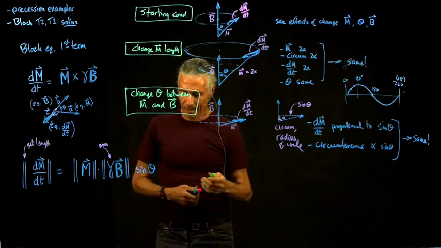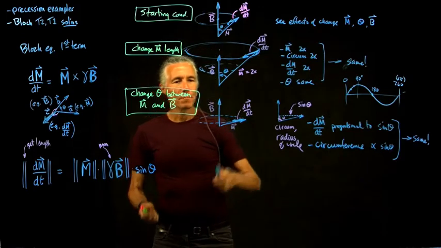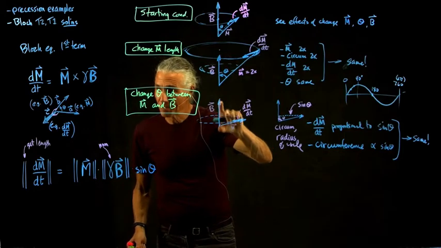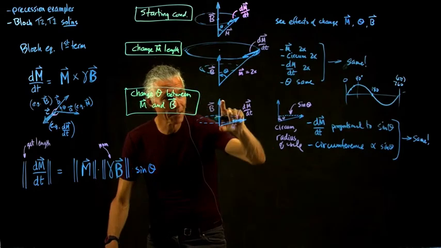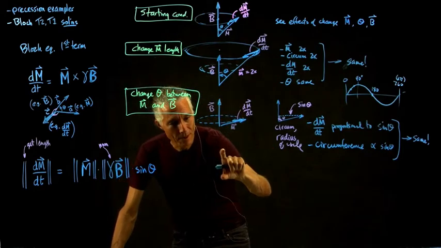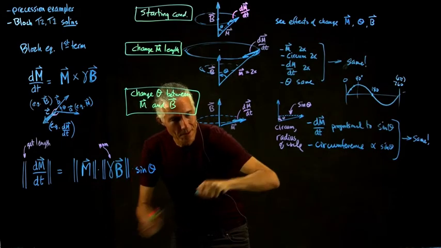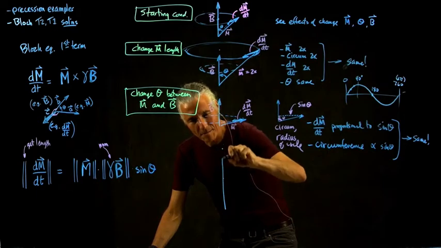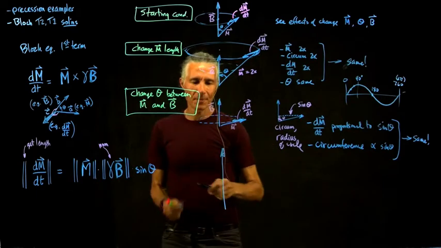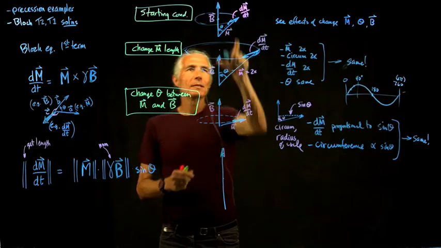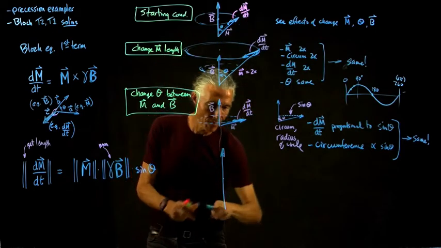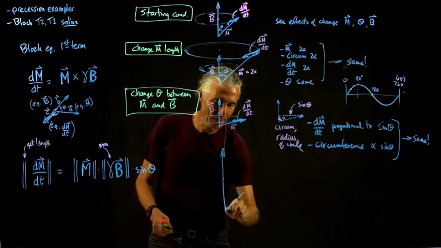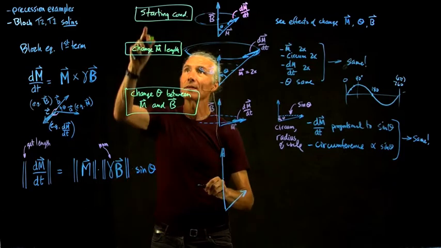So let's just make the B a lot bigger. I saved enough space down here, I've got tons of space. So we'll make the B twice as big. Here's that nice big B. If we increase the B, but we take the M back to what we had before, here's the M, same as it was originally in our starting condition.